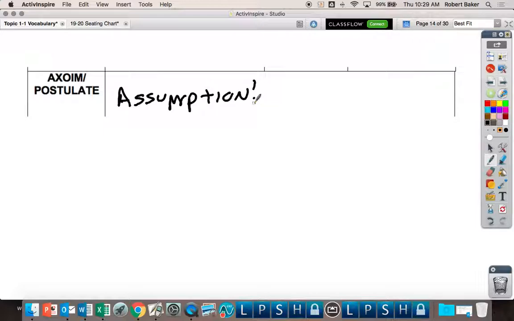So what's an assumption that you guys make every day? Give me something that's an assumption. Here's an easy one: next period, third period. Facts or assumptions? Absolute assumptions.